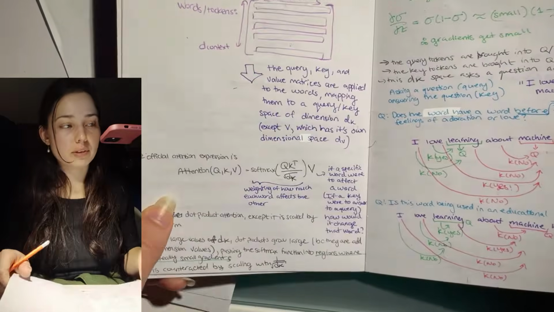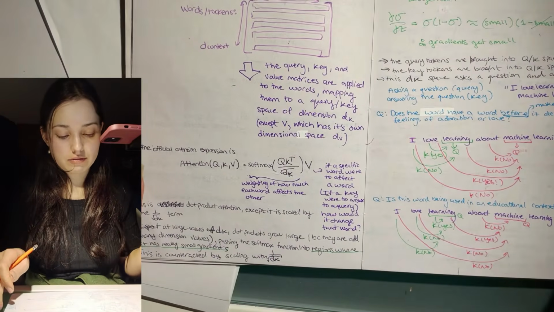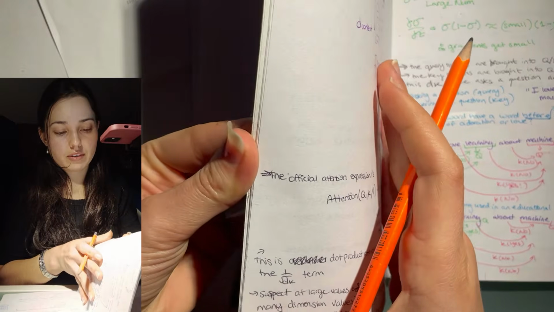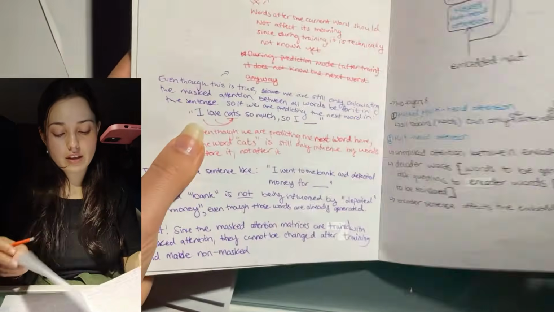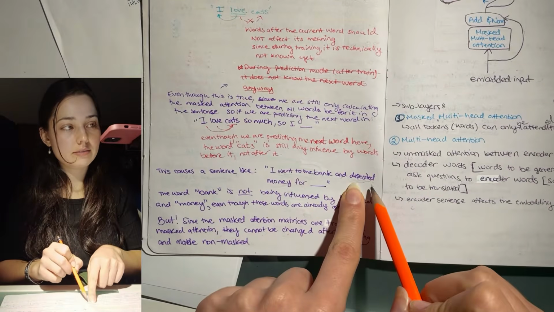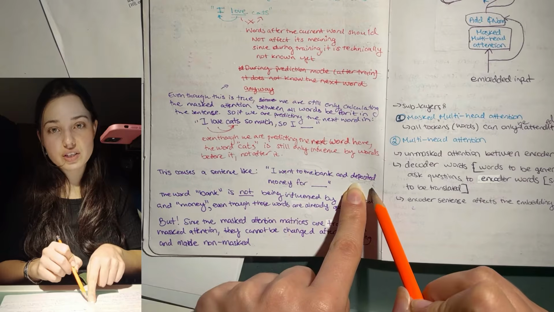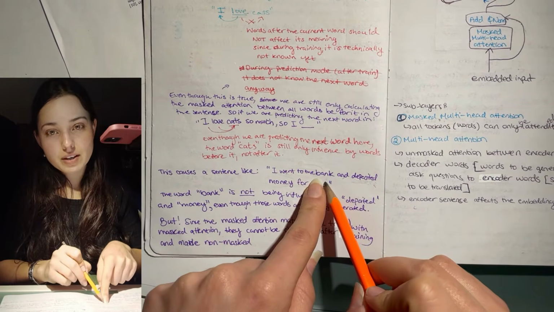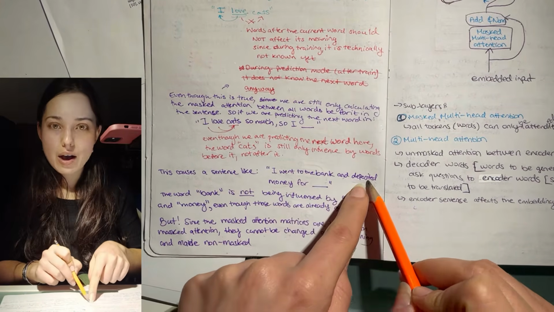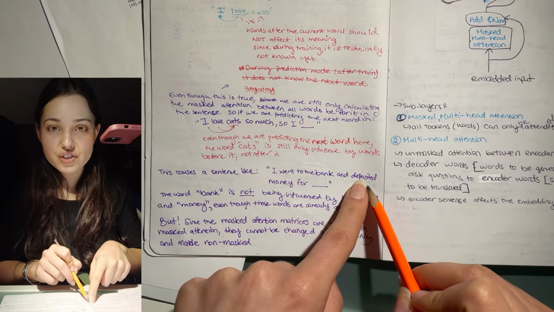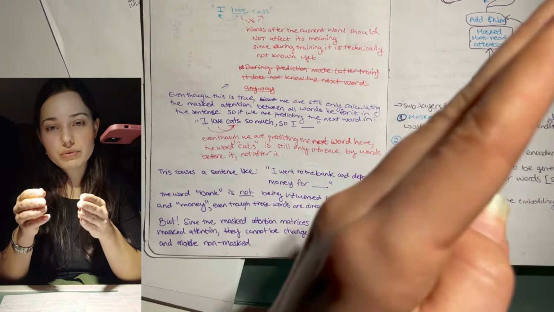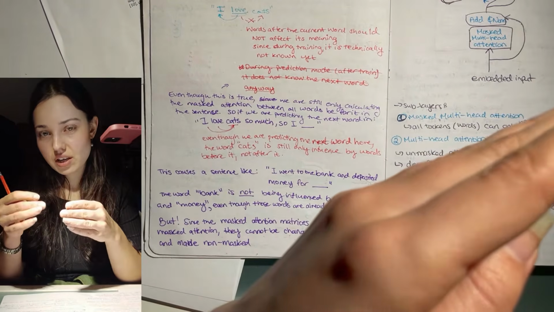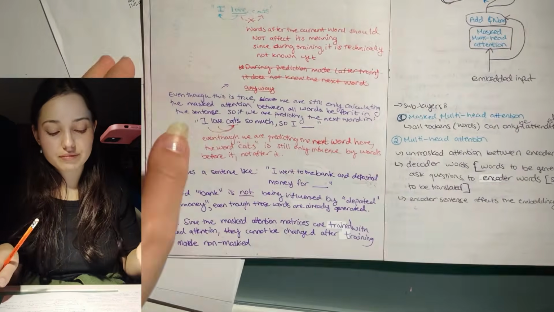For example, if the word deposited asked a question, am I related to money? And the word bank responded yes, how would the word deposited change? Well, it would move in a financial direction, in a money direction.